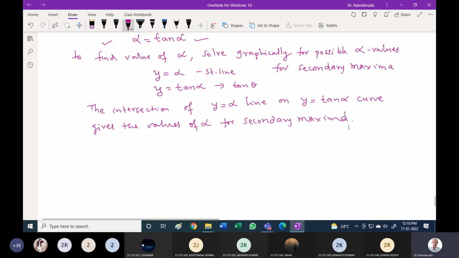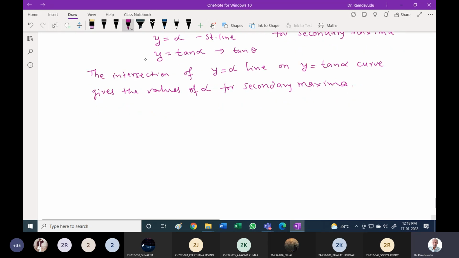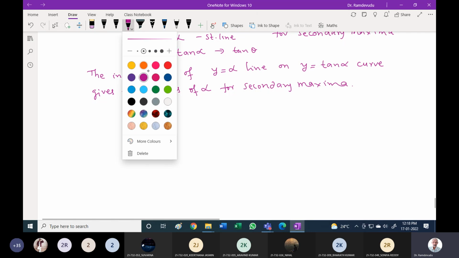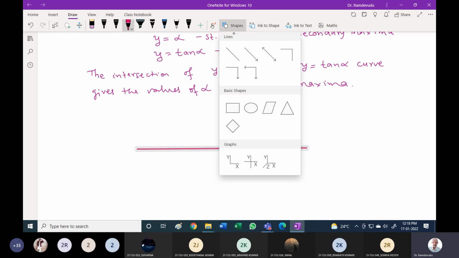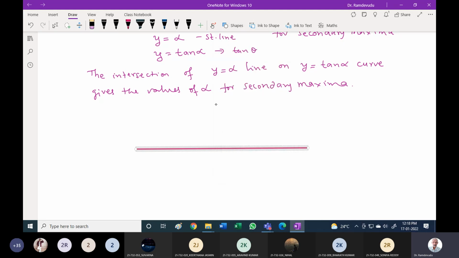Therefore, I draw here a graph to find this out. To draw the graph, I am taking a straight line, something like this. Then I draw another line here, and another line somewhere here.